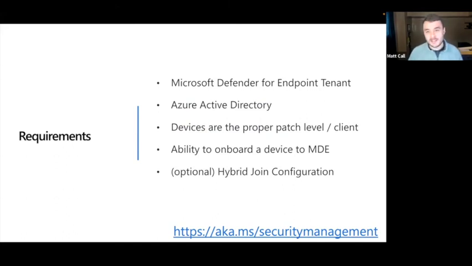So what that means is in our documentation, which are hot linked at the bottom here, aka.ms/security management, there's a cumulative rollup that's needed on Windows Server 2019 and later, and Windows 10 and later, in order to enable this scenario. Everybody on this call hopefully already has that installed, because I believe it is the November 2021 security rollup.